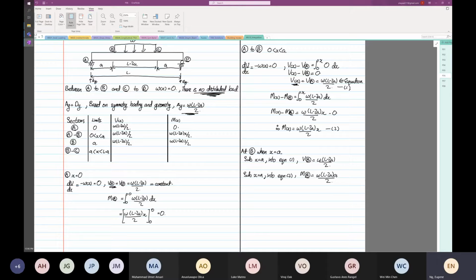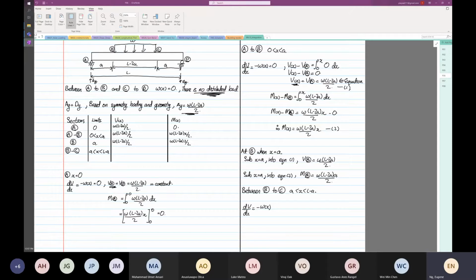And then between point B to C, what can you all see? Can someone tell me? You see a what? A distributed load. Yes or no? So between point B to point C, you have A, X, and L minus A. Because we have a distributed load between point B to point C, dV by dx now will be equal to minus omega as a function of x, right?